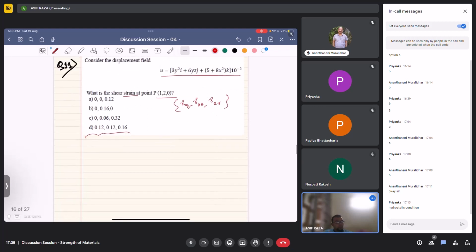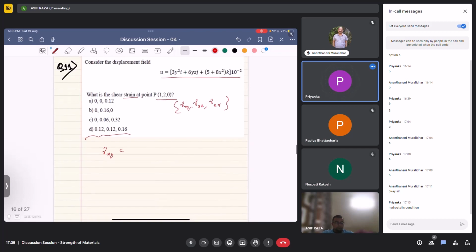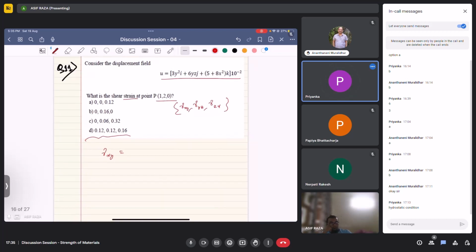Any one of you, what would be your approach to find gamma xy? Just let me know. Any one of you can raise hands and speak. Sir, in the displacement field, it is given epsilon x, epsilon y, and epsilon z.